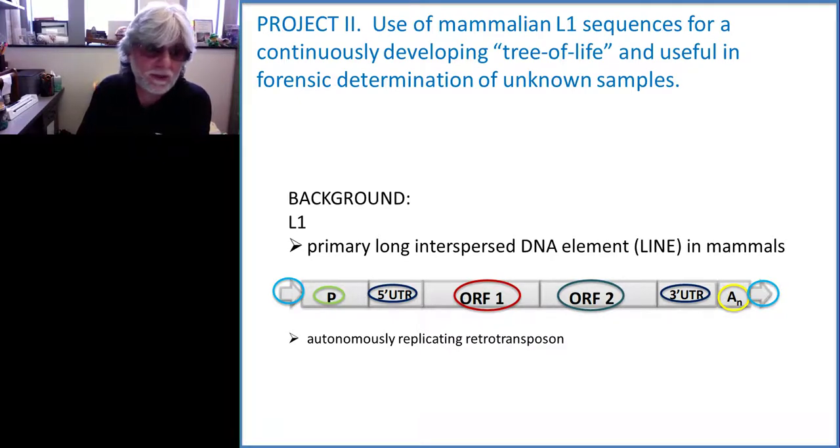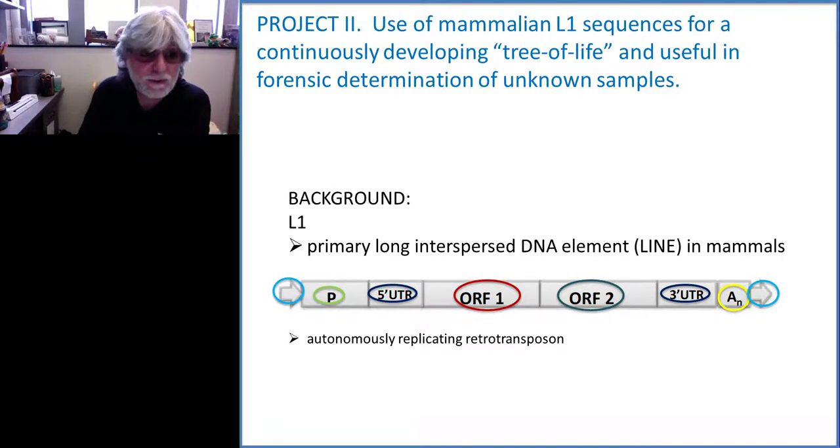The L1 has an internal promoter, in this case for RNA polymerase II. And you have your 5' and 3' untranslated regions as you would for other protein encoding sequences. You have an open reading frame, actually called ORF1, which is an RNA binding protein, and it's apparently cis-acting, so it will recognize its own RNA and allow for the retrotransposition process.